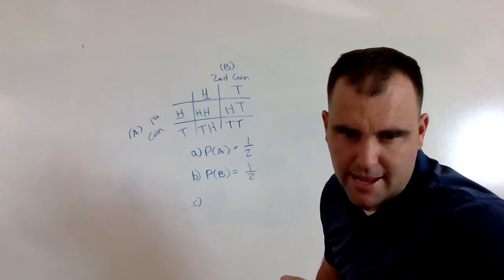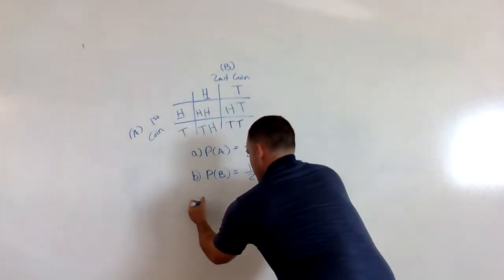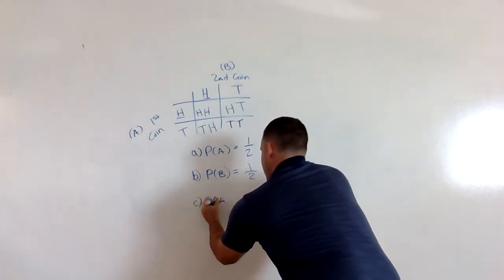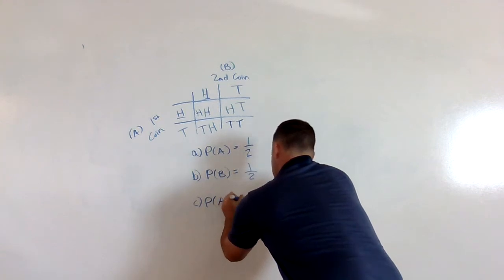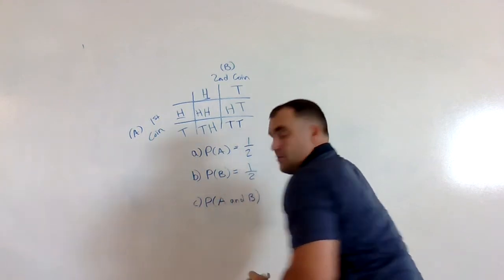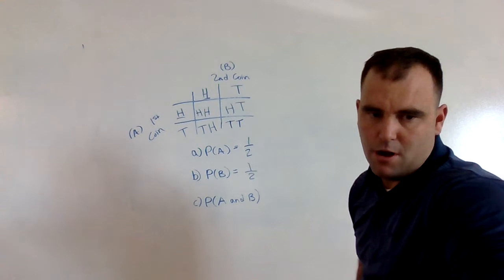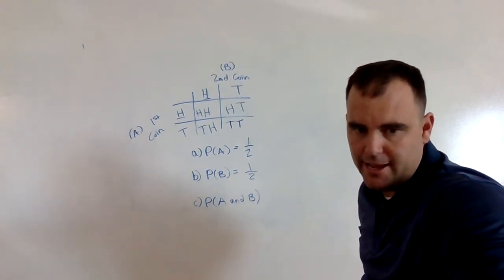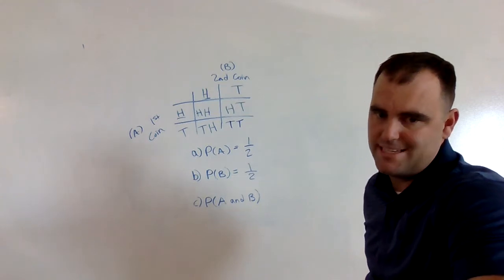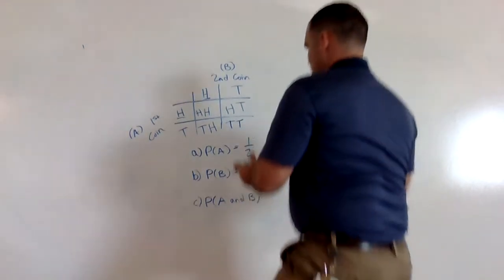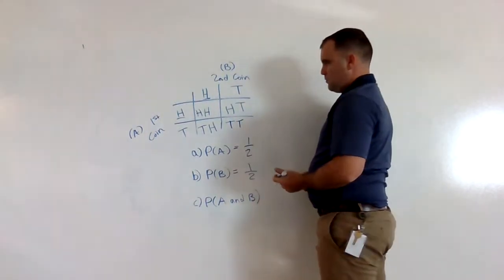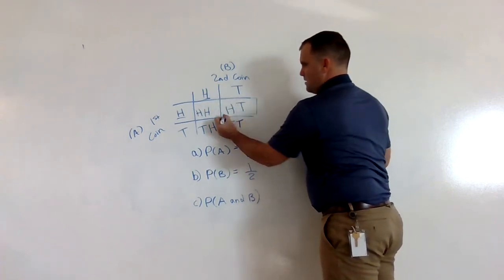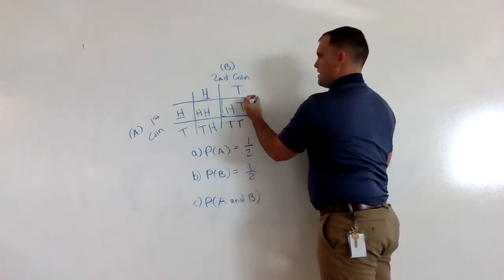What is the probability of a heads up result? So what this looks like is, what is the probability of A occurring and B occurring? What is the probability of a heads up result for the first coin and a tails up result for the second coin? Well, the only place that happens in our sample space is right here, in this guy.